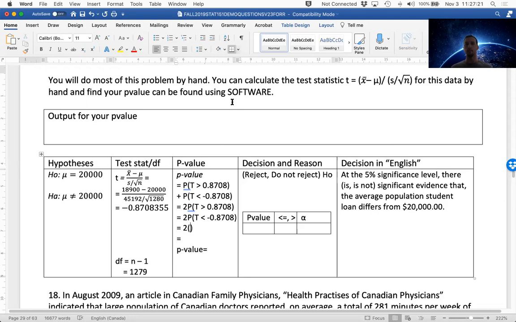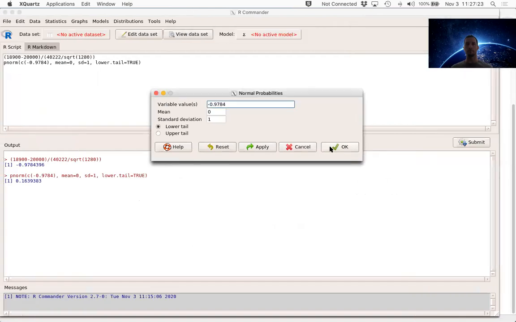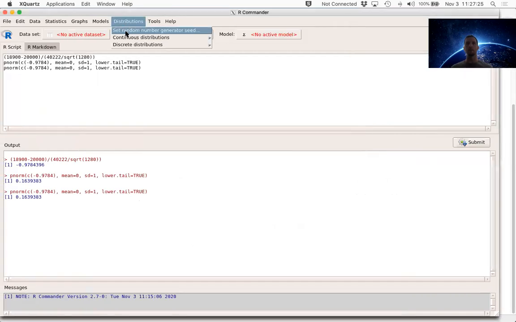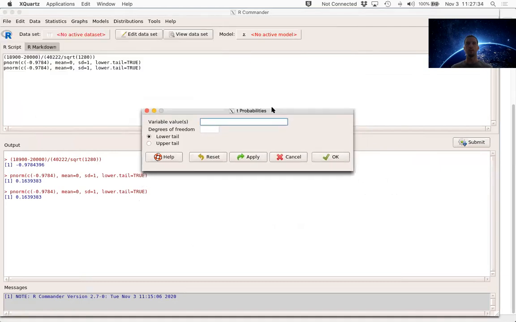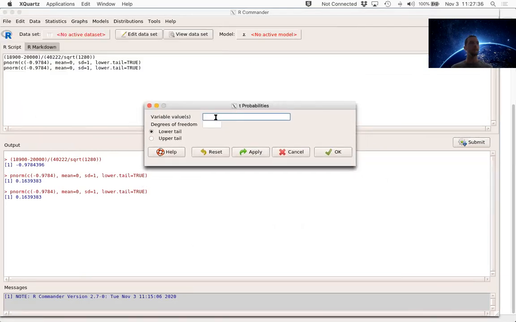To do this, we would go to Rcmdr. We would click distributions, continuous, t distribution, t probability. So we're doing the same thing, we're just working with a different distribution. Our test statistic in this case, we can just use the negative. And our degrees of freedom is 1,279.